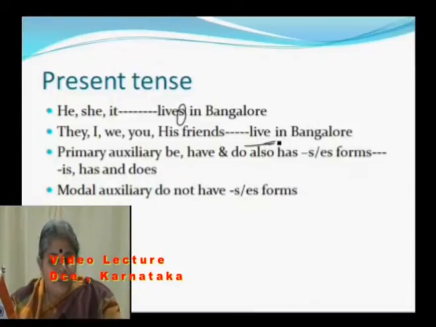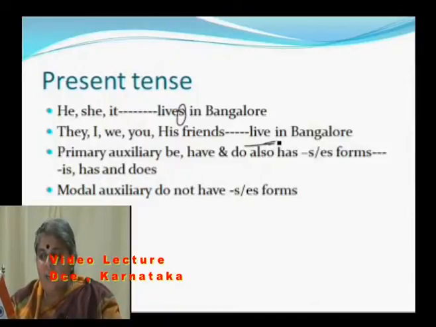That is, the present tense here is marked by the suffix s or es. In this case, it is marked by s, in third person singular, that is he, she, it, whereas in all other cases, the bare form of the verb is used. The verb does not change at all.